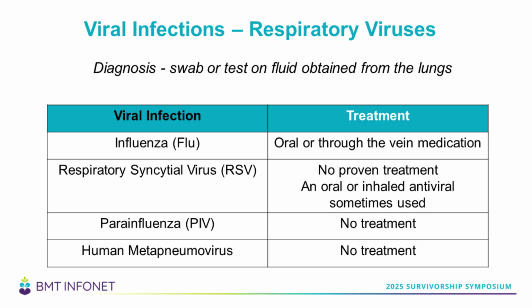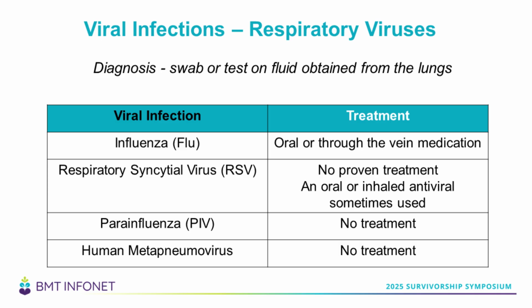Respiratory viral infections other than COVID are quite common after CAR T, autologous, or allogeneic transplant. The challenge is that very few of the respiratory viruses that we find on our diagnostic testing have effective treatment.